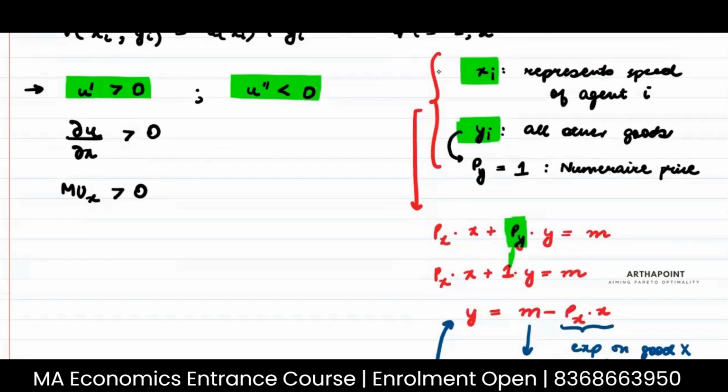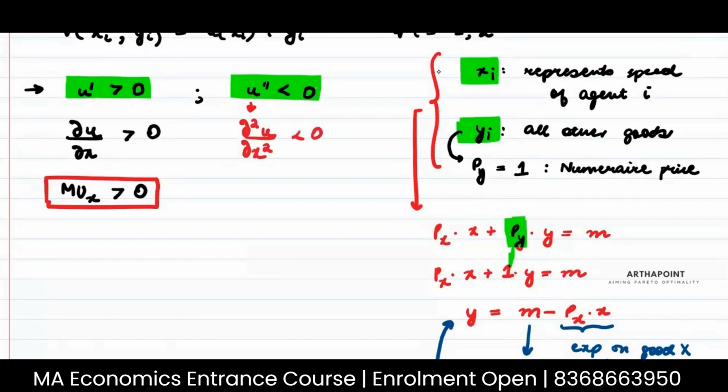Coming back to this. I am saying that u dash is greater than 0, which means that marginal utility from X is greater than 0. So every increase in speed gives me additional positive utility. But u double dash is less than 0, so d square U by dx square is less than 0. That is, del of del x of del U by del x is less than 0.